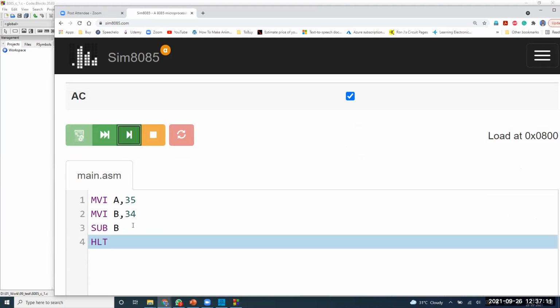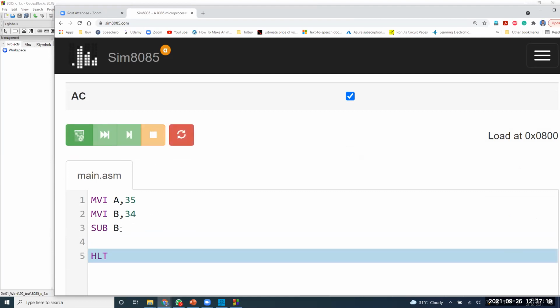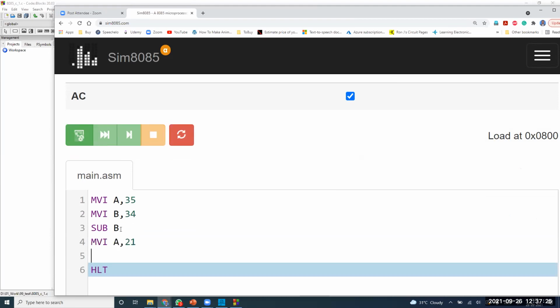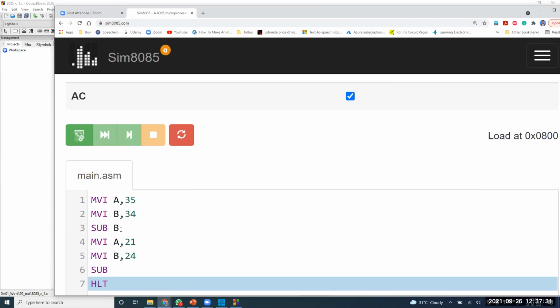Now you want to see what is happening. I add a code: move immediate A comma 21, move immediate B comma 24, sub borrow B. Am I right?